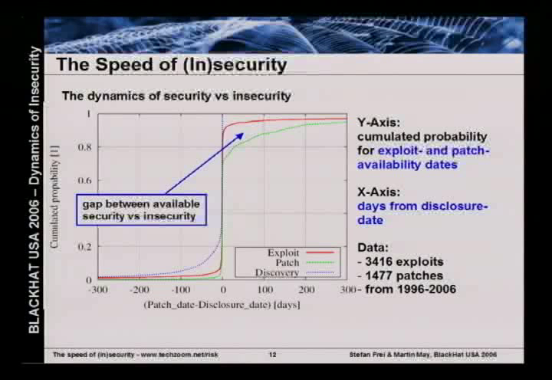So the next step would be that we classify these results, so we look perhaps at certain vendors or at certain classes or uses of software. It's very difficult to get the data, especially we are limited by the number of patch availability dates we have. Much of this data has to be collected manually, and we are open to collaborate with the community or with vendors to help us to increase this data set.